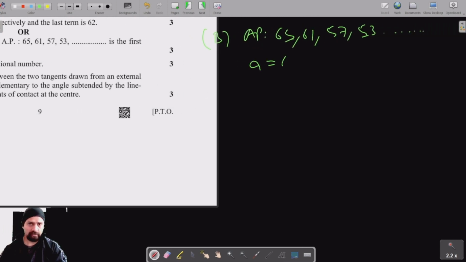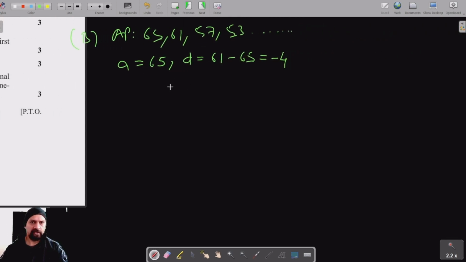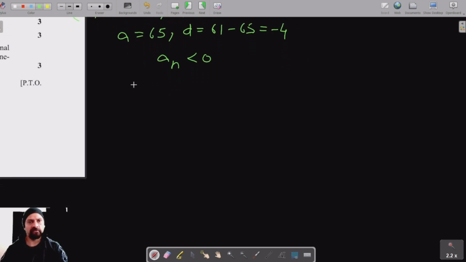So here a is 65 and the common difference is 61 minus 65, which is equal to negative 4. And we have to find the first negative term. So let's say the negative term is the nth term, which is less than 0.